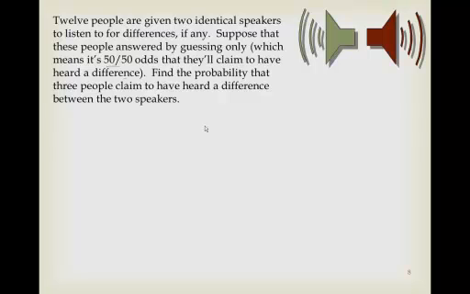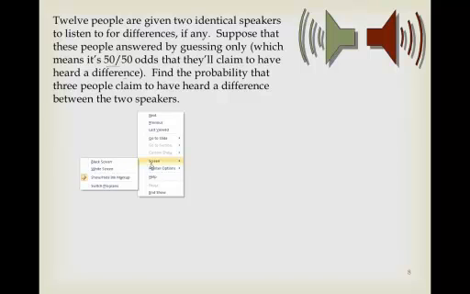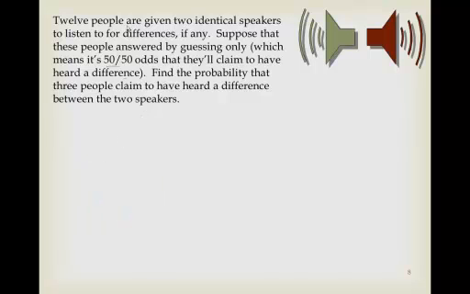Okay, now first off here, we've got 12 different people, and so that tells us that n is equal to 12. And what these people are doing is they're guessing that they've heard a difference.